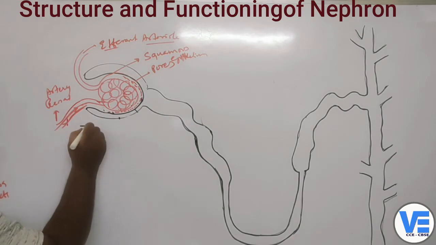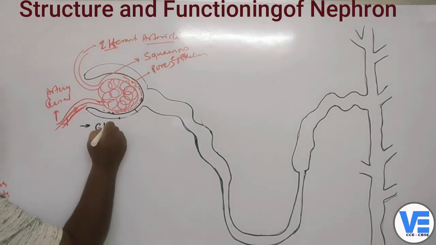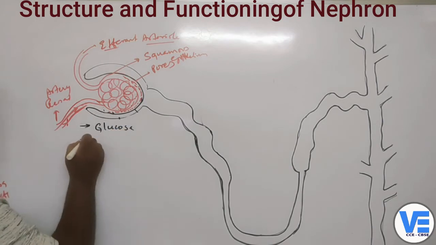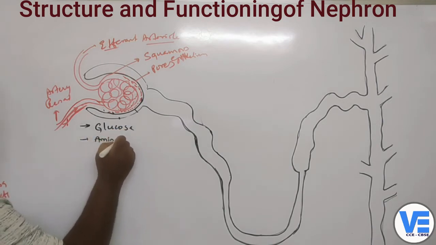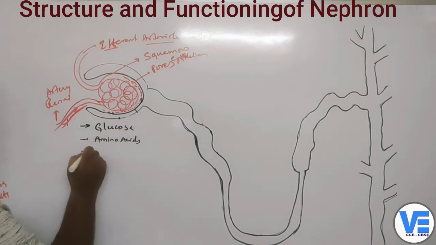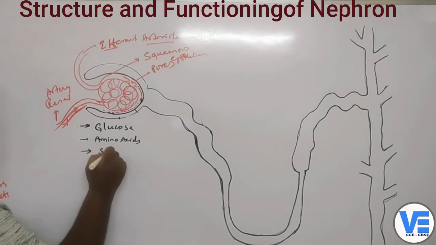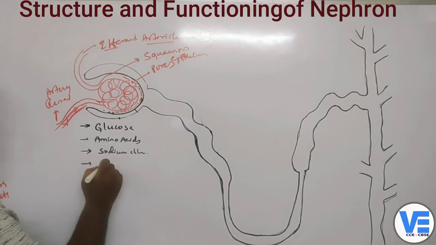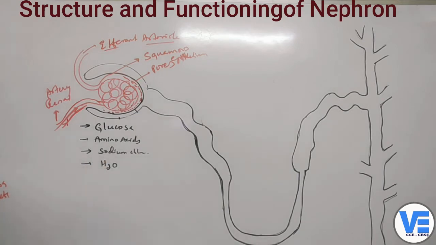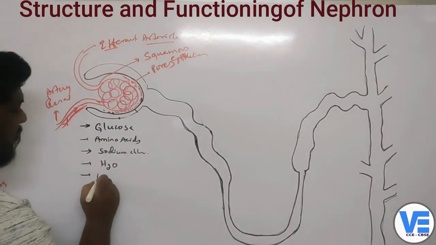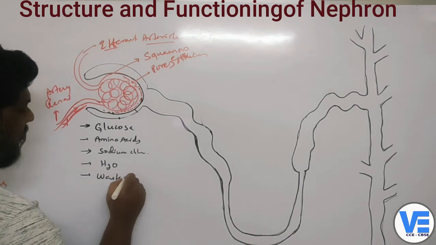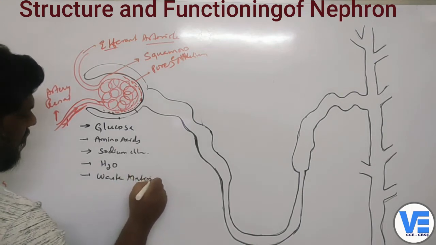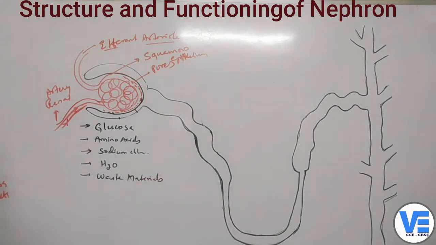The things which are sent out are the glucose, amino acids, sodium chloride ions, water, even water is also sent out, and then some other waste materials which are there in the blood.